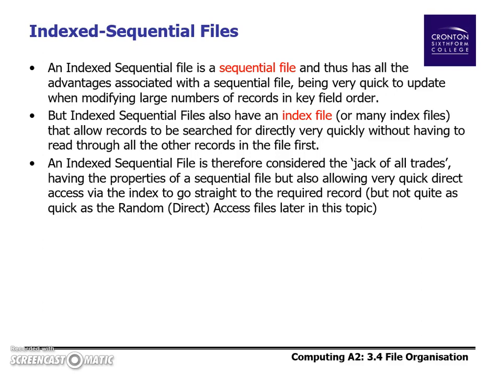An index sequential file is therefore considered the jack of all trades, so to speak, having the properties of a sequential file, but also being very quick to direct access via the index to go straight to the required record. But it's not quite as quick as random direct access files, which we'll come on to later in the topic.